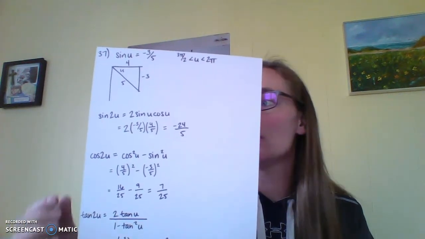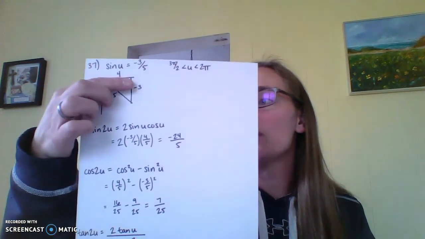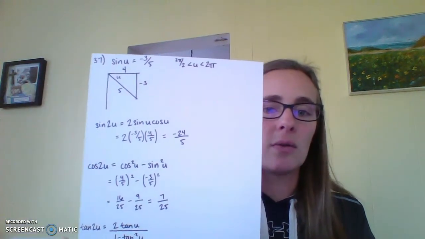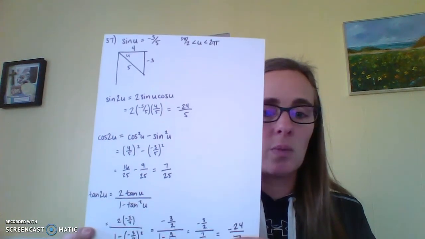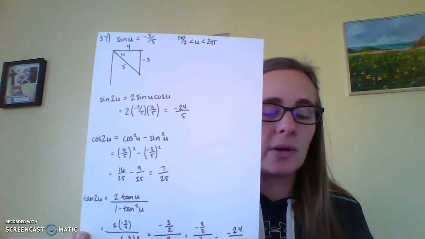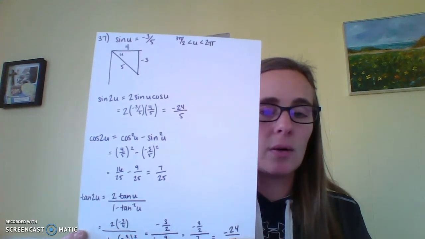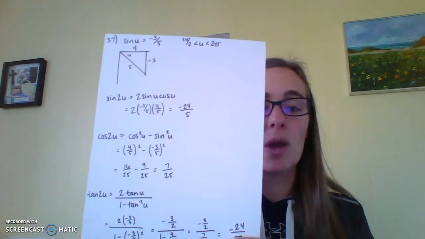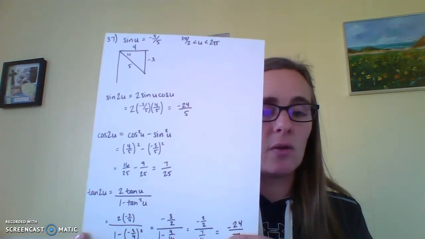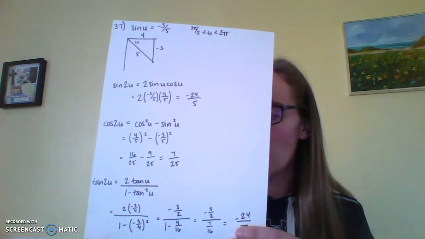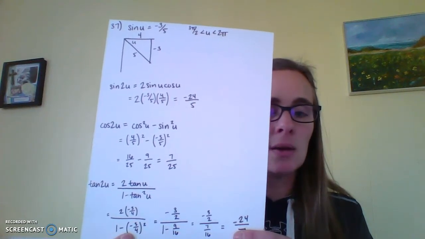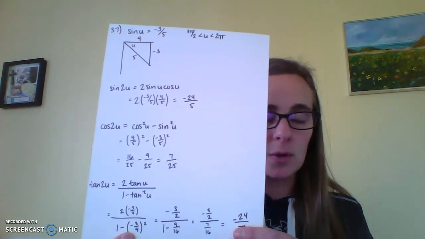So 2 times the tangent of u, so tangent is opposite over adjacent, so -3 over 4. Here we do have to be a little bit more careful with our signs. Before they were all getting squared, or not in the sine of 2u, but be careful with your signs because it's 2 times -3 over 4. Then 1 minus -3 over 4 squared.